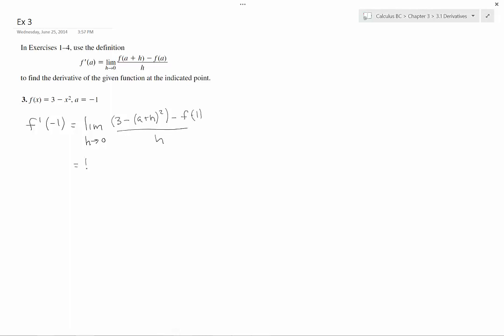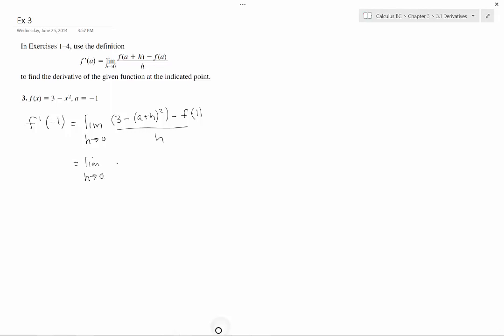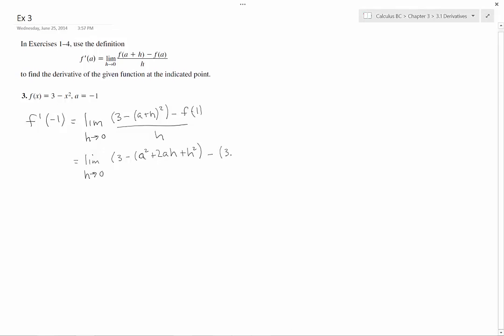Let me clean that up a little bit. The limit as h approaches 0 of 3 minus a squared plus 2ah plus h squared, and then f of -1 is 3 minus -1 squared, and then that's all over h.